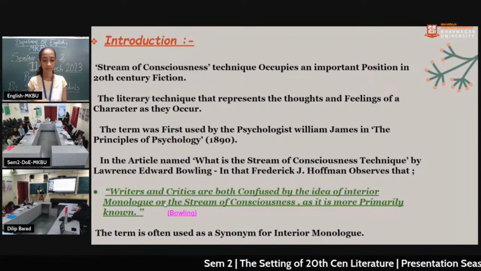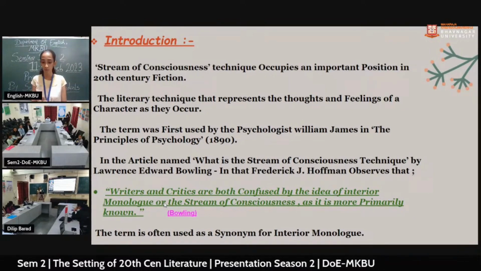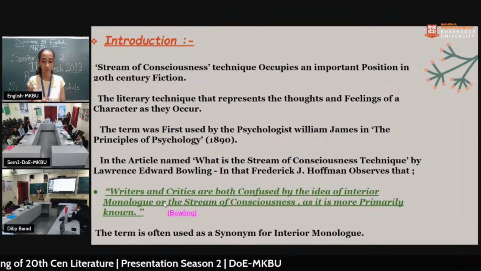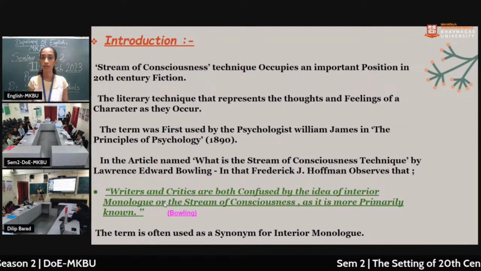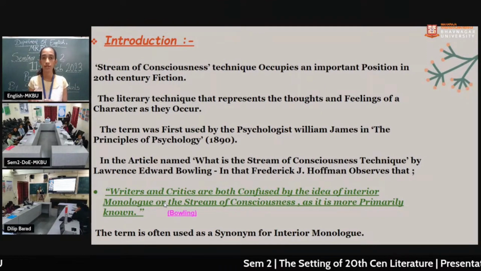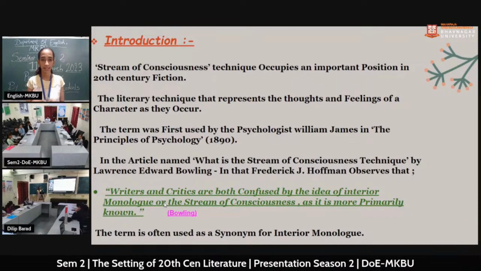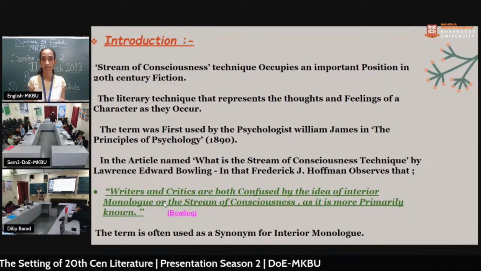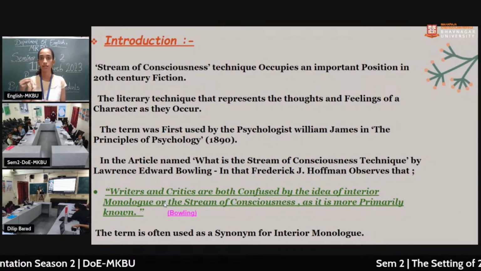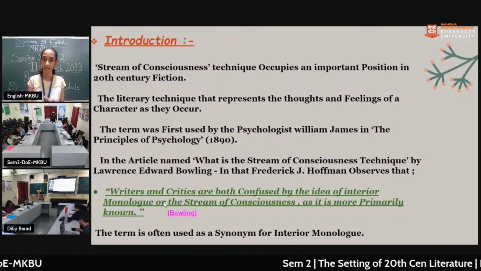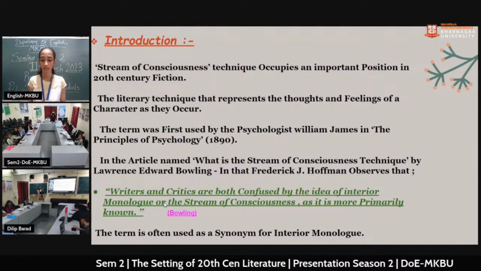Here I have taken one line from the article, that writers and critics are both confused by the idea of interior monologue or the stream of consciousness, because in some way both terms are often used as synonyms for each other. But here we have to understand that interior monologue and stream of consciousness both depict the same idea, that it represents the character's thoughts to the readers, and that is why we can say that perhaps they are both referred to as the same in one way or another.